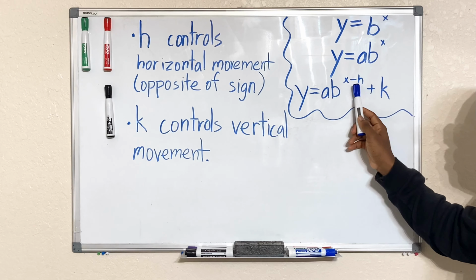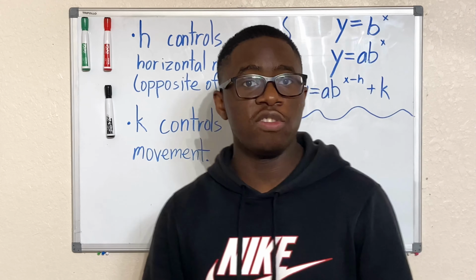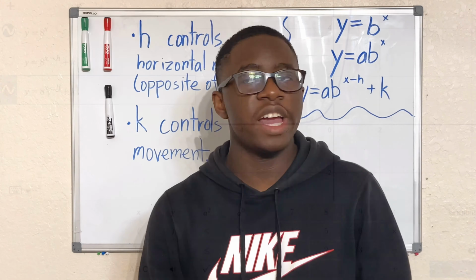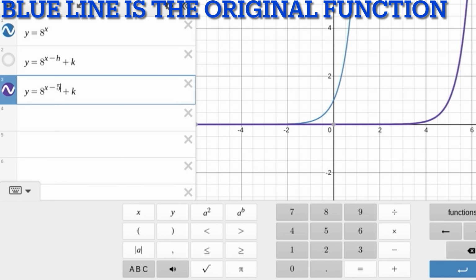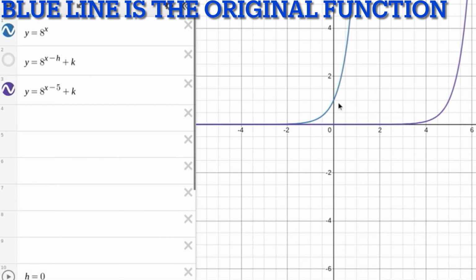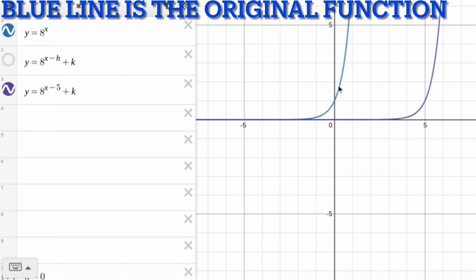That's because you see here that h is negative. So if h is represented as -5, the function is not going to move 5 units to the negative side. It's going to move 5 units to the positive side. h always moves in opposition of the natural order.